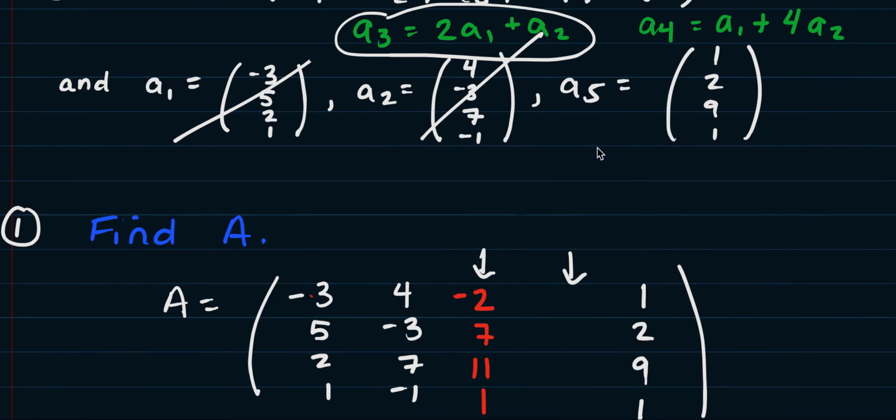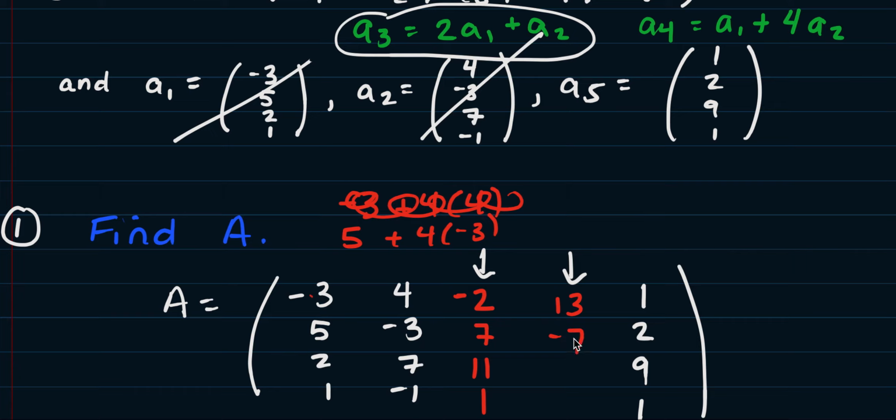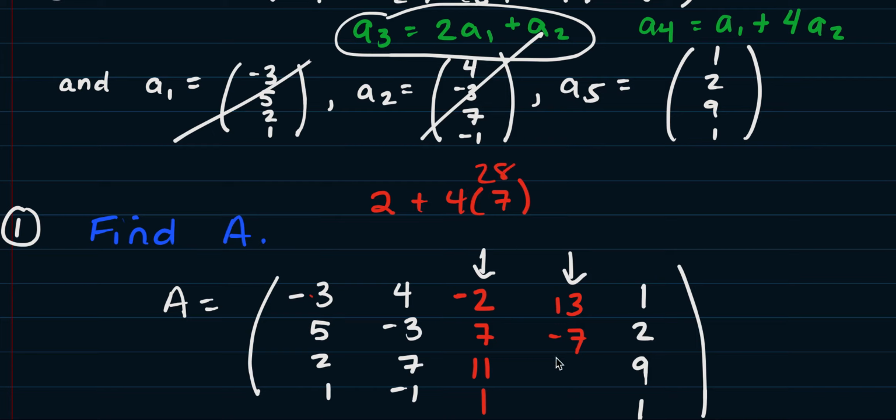Then we're going to do A1, -3 plus 4 times 4, 16, 15, 14, 13, okay. Then 5 plus 4 times -3, that's -12, that's -7, okay. And then the next one is 2 plus 4 times 7, that is 28, 30, and then the last one, 1 minus 4, that's -3.